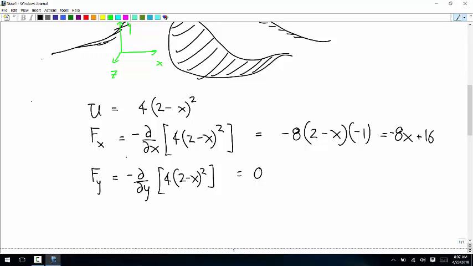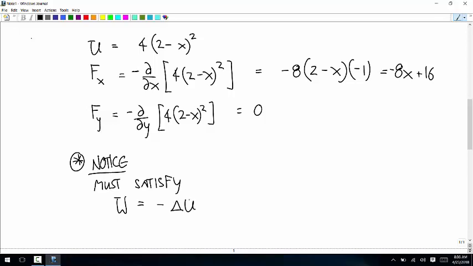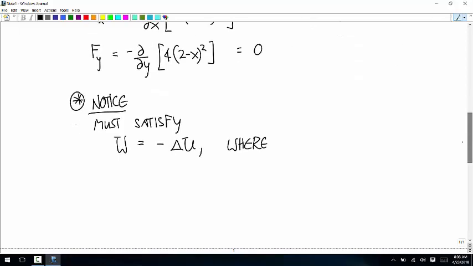And the relationship between those, so notice that this has to satisfy work is equal to negative change in potential energy, where the work has to satisfy that integral relationship.